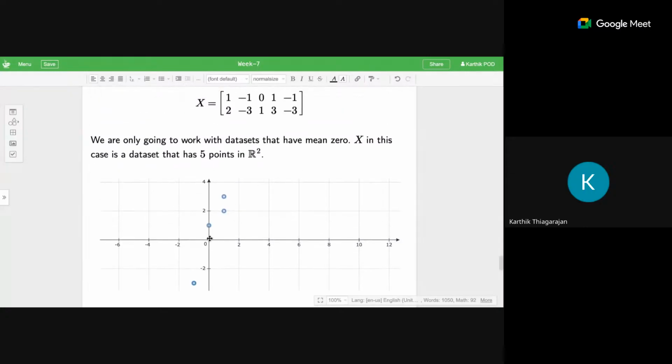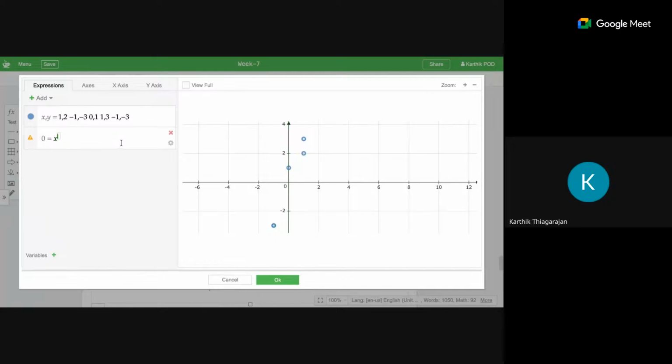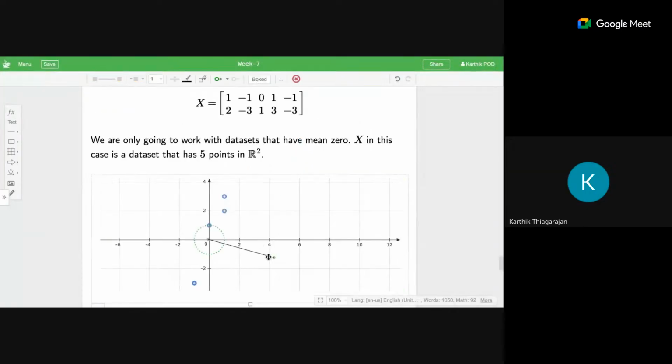And what you are trying to do is find a line. That's your goal. The line has to be centered here. Let's also draw a circle, a dotted circle, because we are looking for unit vectors, vectors of unit norm that lie on this circle.